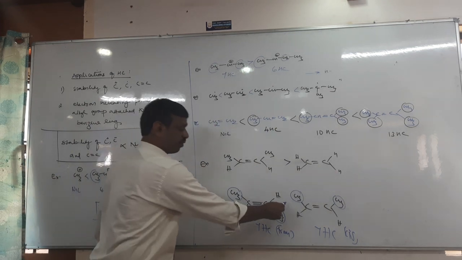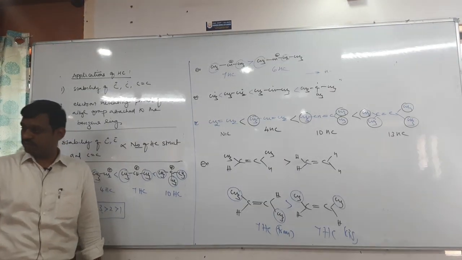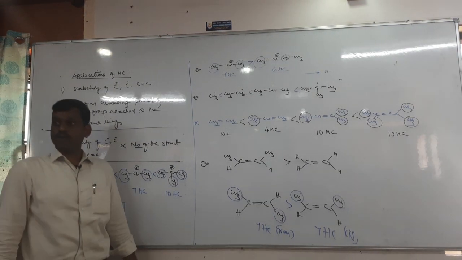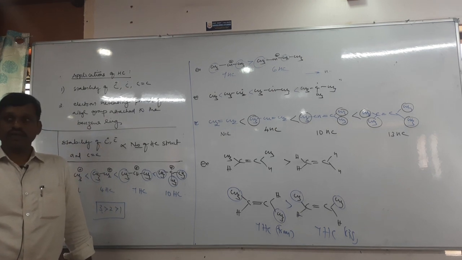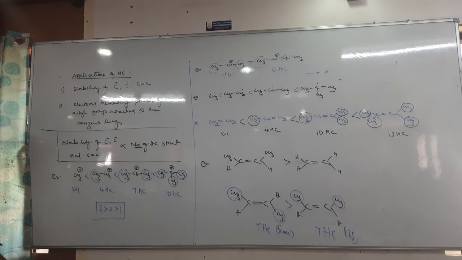Trans is more stable. Very good. We have studied geometrical isomerism in alkenes, so the trans isomer is more stable compared to the cis isomer. Right? In this way you can compare the stability of alkenes also.